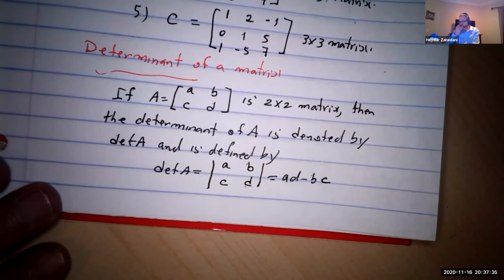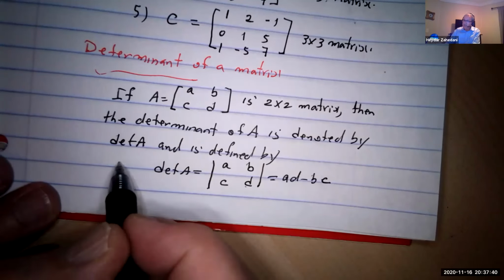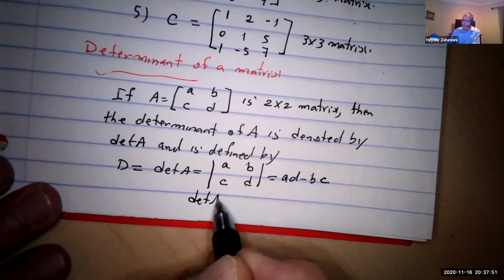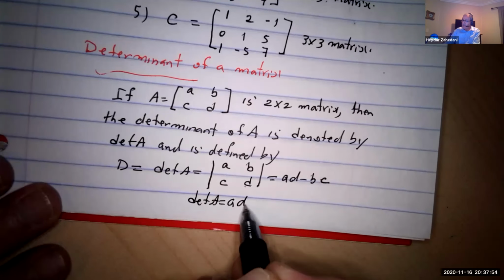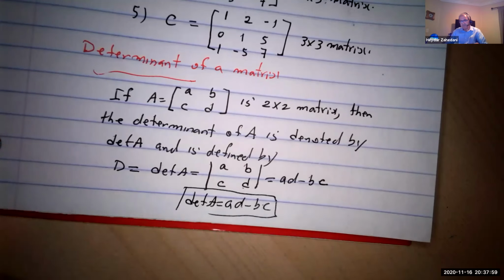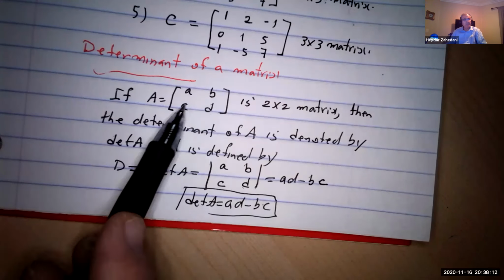In this case, the determinant of A is AD minus BC. That is for the 2 by 2. It's going to be a special number, very useful in a few minutes. You are going to see it. Any question? Cross multiply, A times D minus BC.